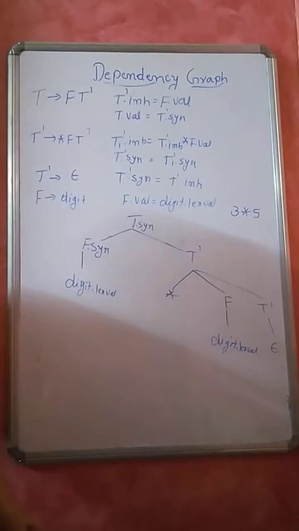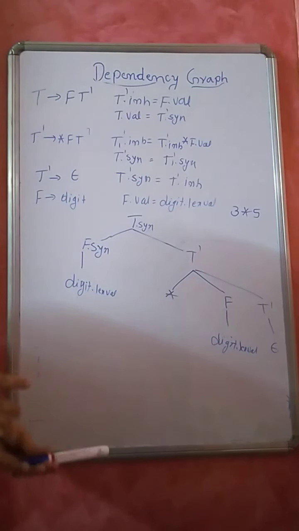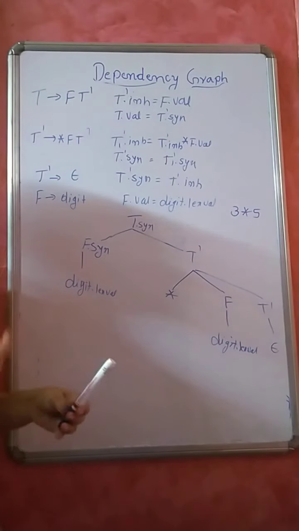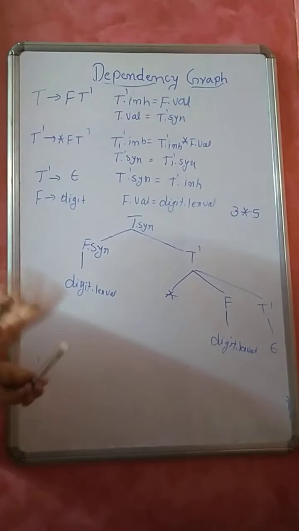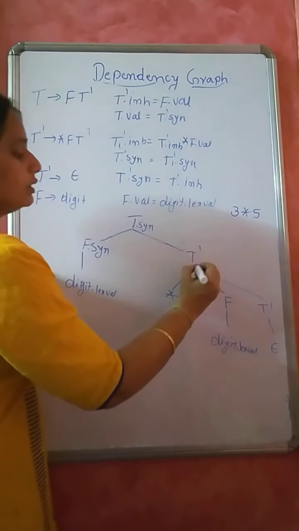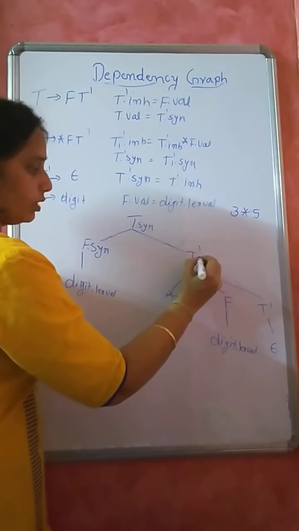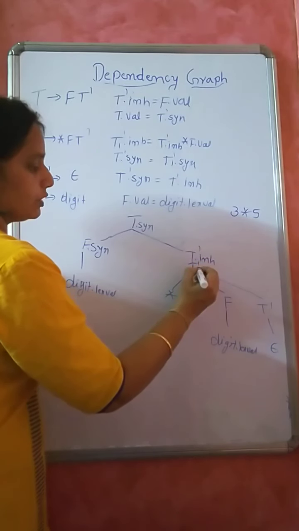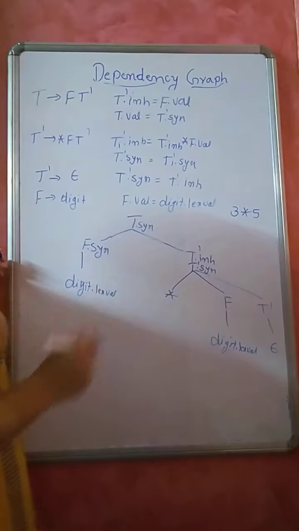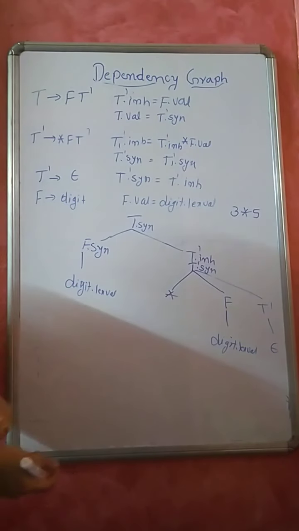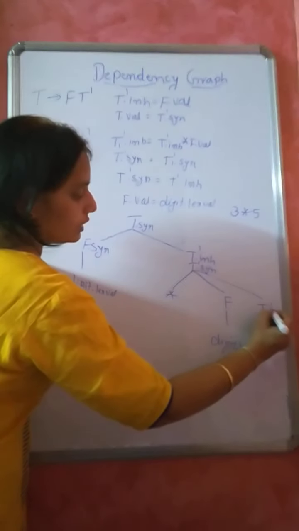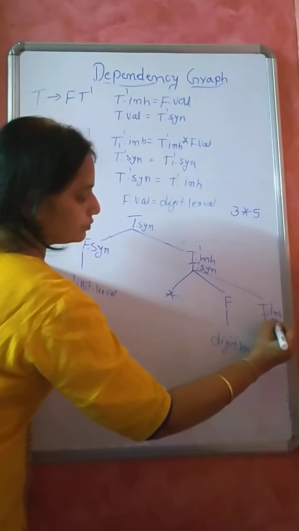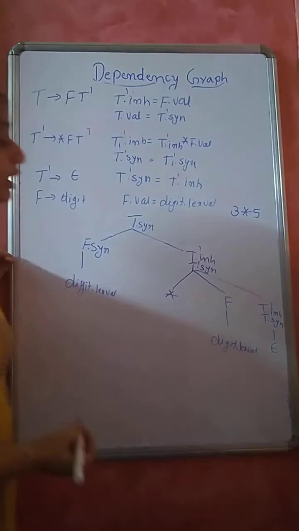But for the non-terminals which you may obtain while converting an ambiguous grammar to an unambiguous one, or during left recursion or left factoring, there may be two attributes associated with them: one is a synthesized attribute and the other is an inherited attribute. Here also, one is an inherited attribute and the other is a synthesized attribute.